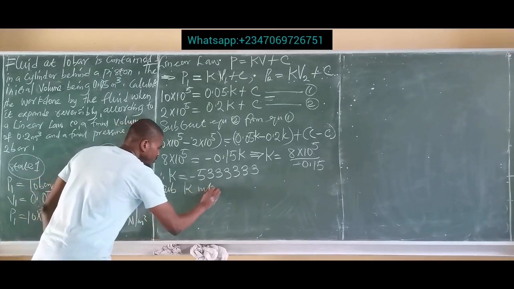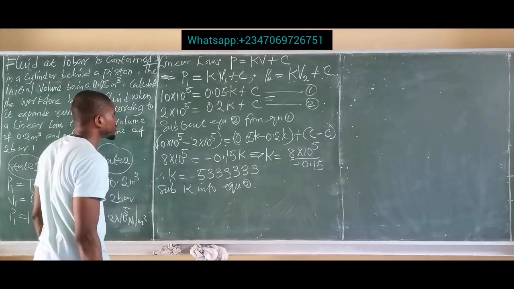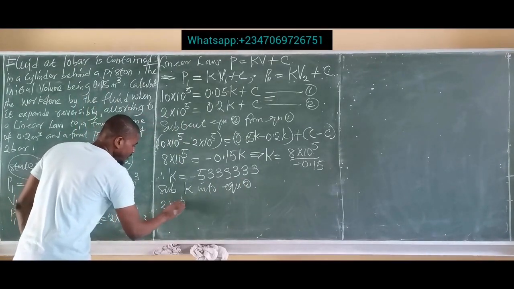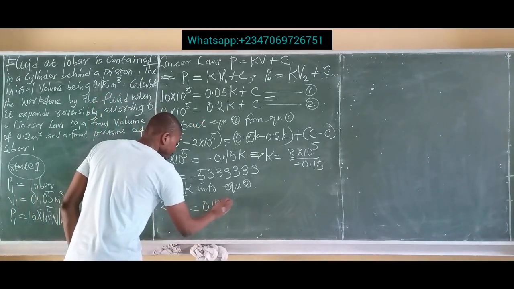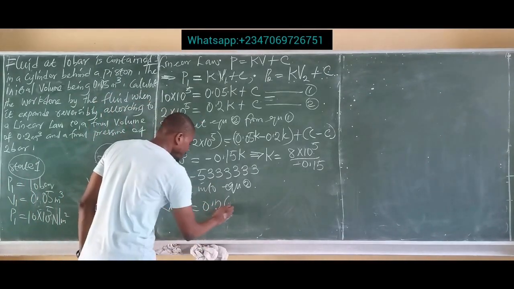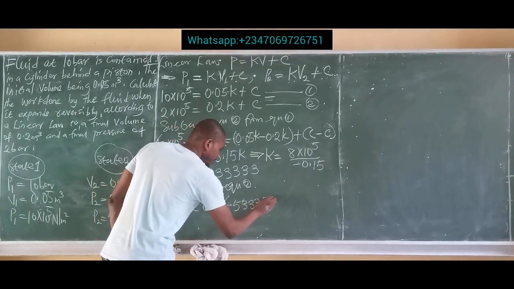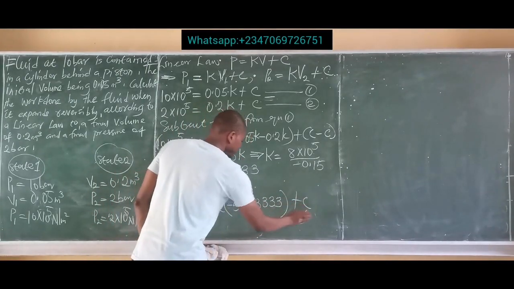Substitute k into equation 2. So in equation 2 we have 2 by 10 to the power of 5, and this is equal to 0.2k. Now in place of k we put in this value, minus 5,333,333, plus c.